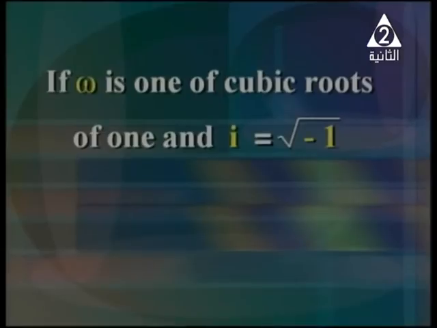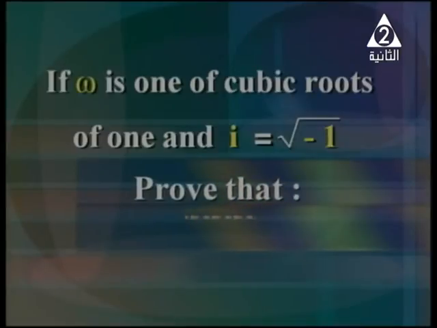If omega is one of the cubic roots of 1 and i equals square root of negative 1, prove that this equation, look at the determinant, has 3 rows: row 1: i, omega, omega; row 2: i, 9 minus omega, 0; row 3: omega square, i, negative omega square omega; equals 0.